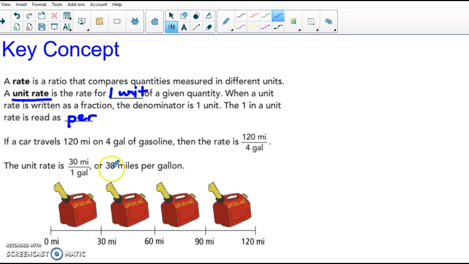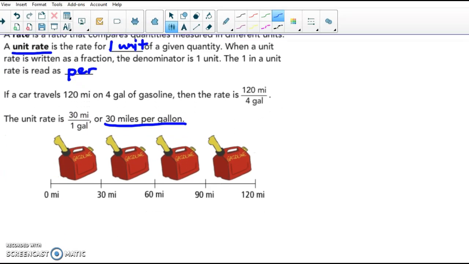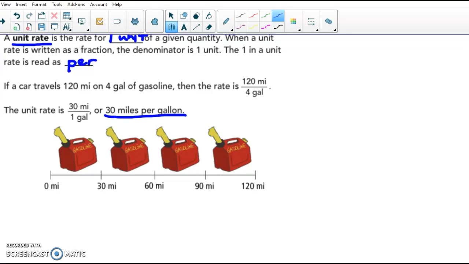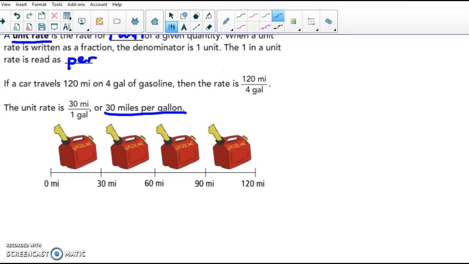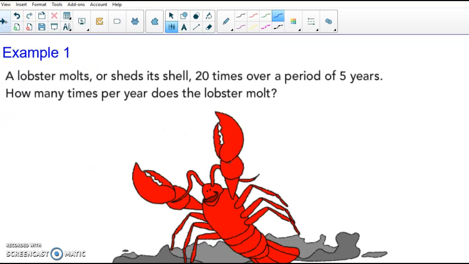So to read this rate, I would just say 30 miles per gallon. We don't even need to say the 1. And we can see from our diagram here that if our overall rate is 120 miles per 4 gallons, then that would be 30 miles per gallon. Just another way of representing that information with a picture.